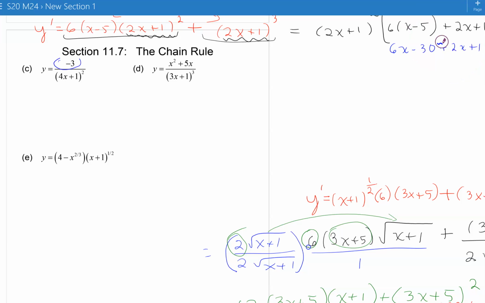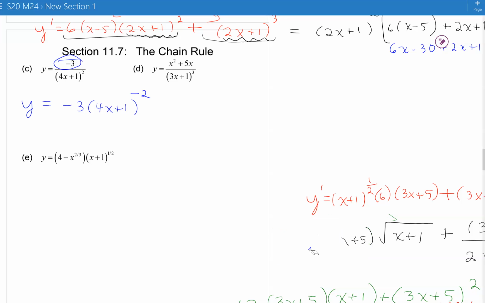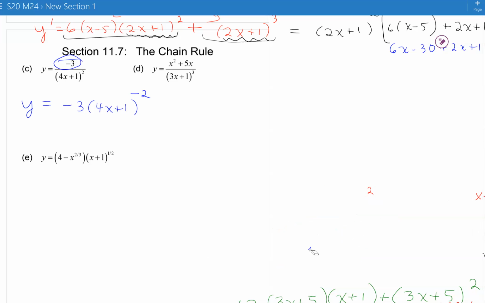If you have just a number in the numerator of the quotient, you're going to want to write this as -3 times 4x plus 1 to the -2 and use the chain rule and not use the quotient rule. The quotient rule is a much more complex rule and has lots of places to make mistakes with the minus and the denominator.